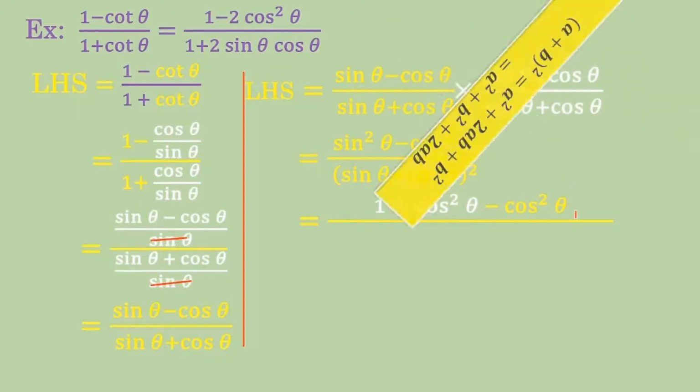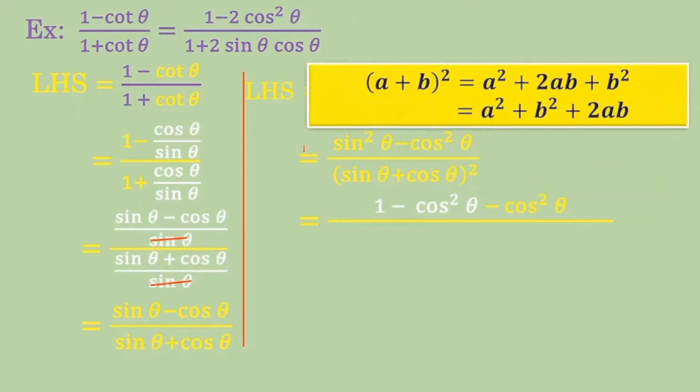In the denominator, let us apply the formula of (a plus b) whole square to expand (sin theta plus cos theta) whole square, that is (a plus b) whole square equal to a square plus b square plus twice ab. Let us suppose a equal to sin theta and b equal to cos theta.